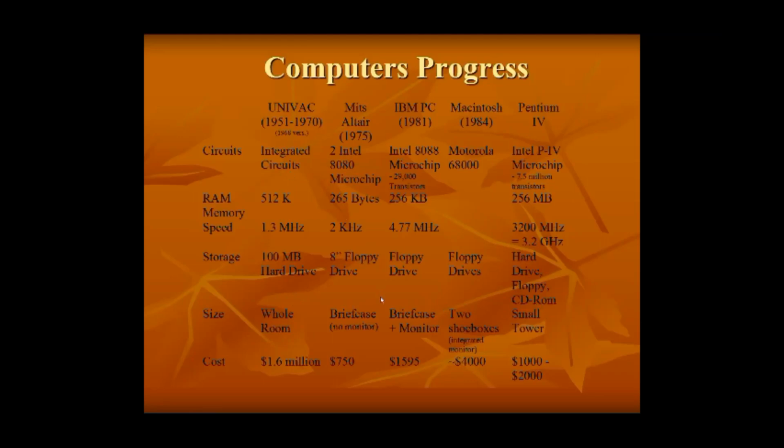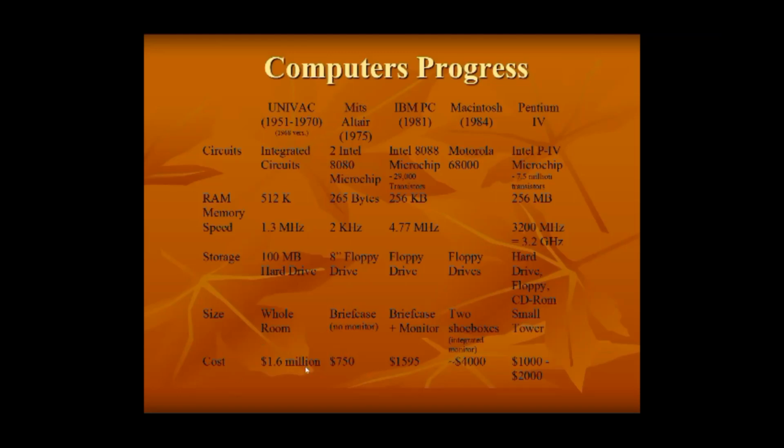Now, the size of the Univac can occupy the whole room. The MITS Altair is just a briefcase, no monitor. The IBM PC is a briefcase plus the monitor, and the Macintosh is two shoeboxes. Again, the Macintosh's system unit is integrated with the monitor itself. And the Pentium 4 is a small tower. The cost of the Univac before is $1.6 million.